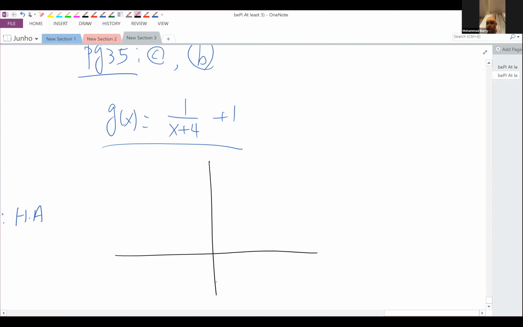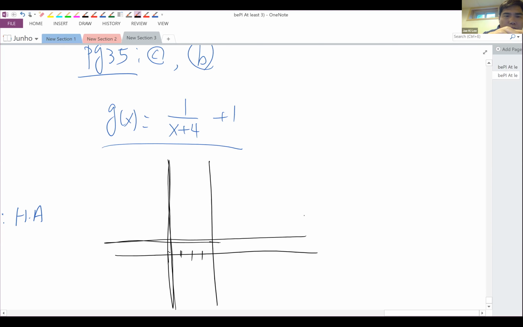So we can make a new vertical asymptote, which is -4, and horizontal asymptote 1. And then the graph will be this shape, right? Makes sense? Okay.